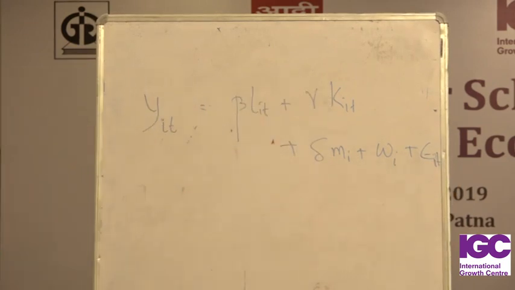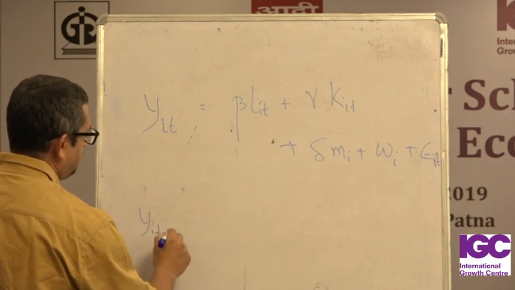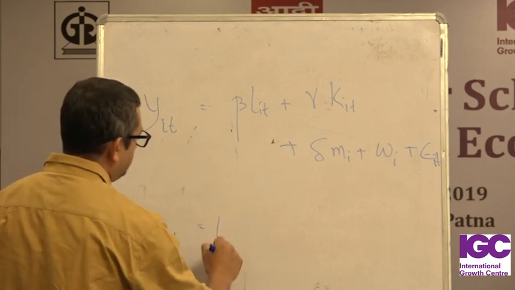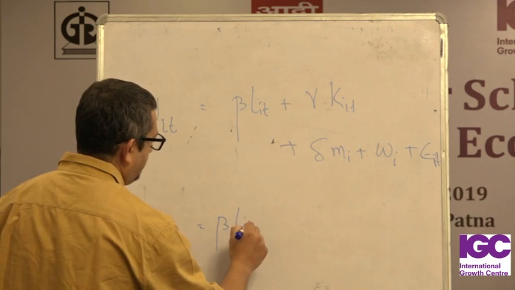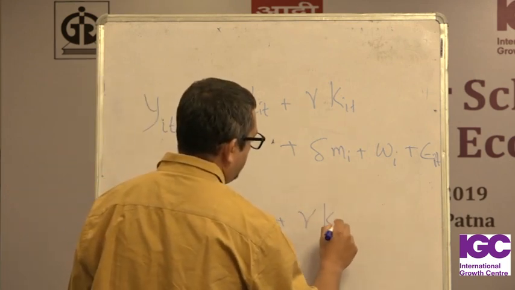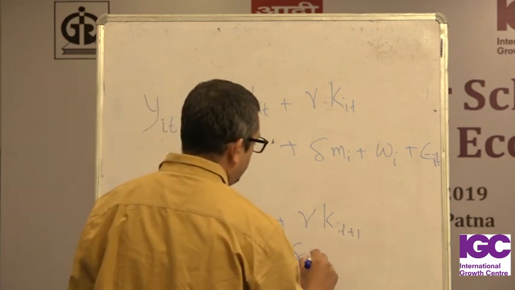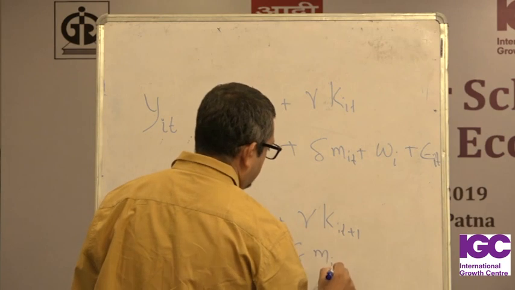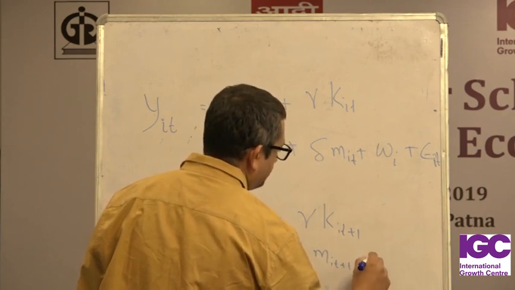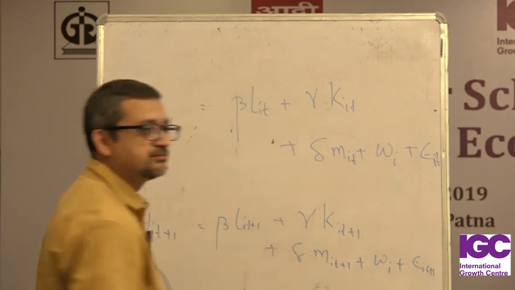Now, I have data for this firm in another year also, let us say next year. So y i t plus 1 equals beta L i t plus 1 plus gamma K i t plus 1 plus delta M i t plus 1 plus omega i plus epsilon i t plus 1.